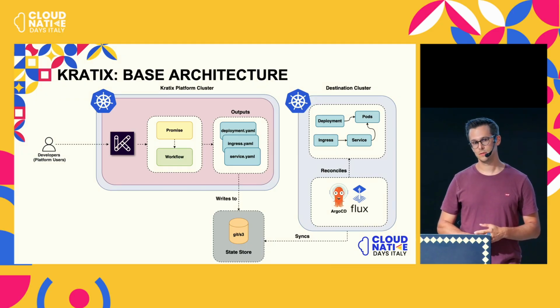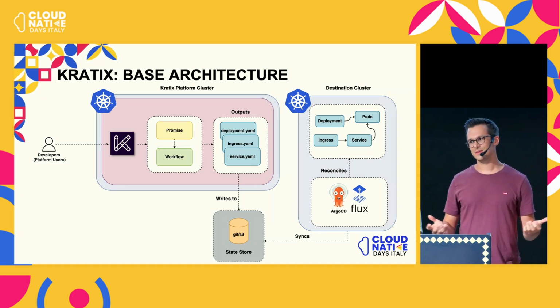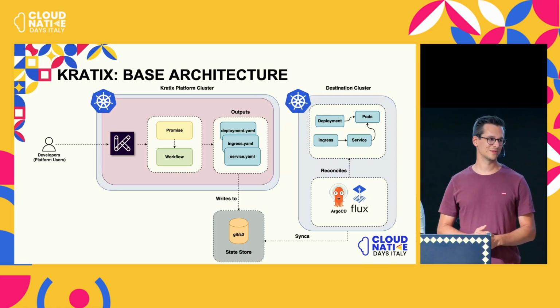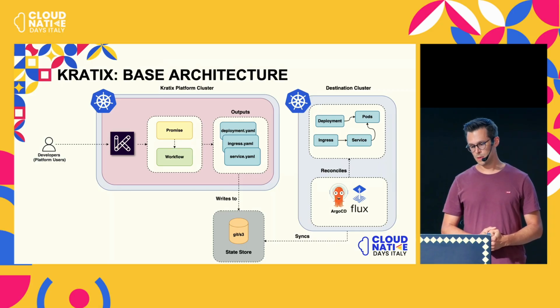And it's important to note that you can also define multiple state stores. So for each environment, like a dev state store, prod state store, whatnot, you can also define it for each and every team. Each and every team could get their own state store. So that's all quite flexible and quite easy to manage, I would say.